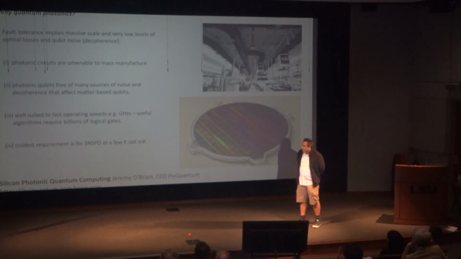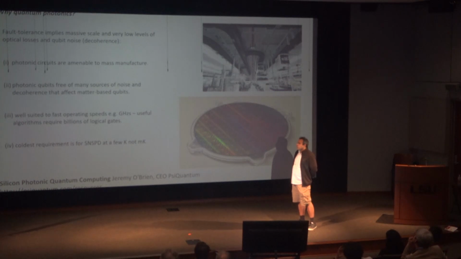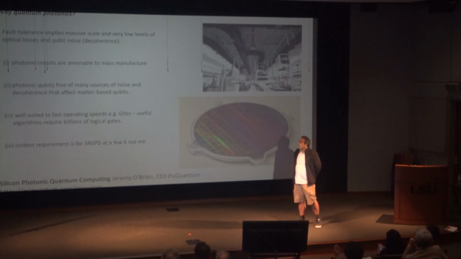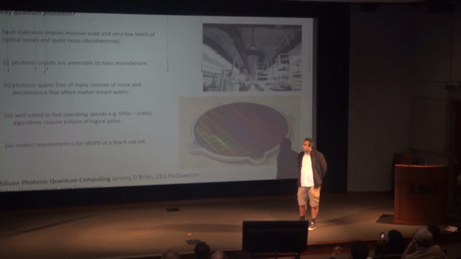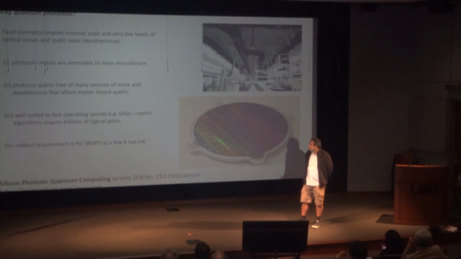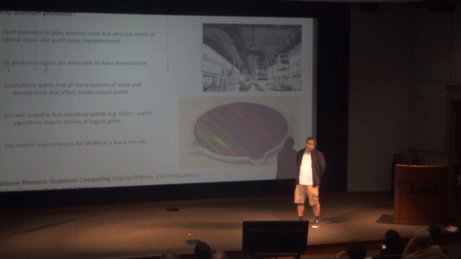And then another reason why photonics is very promising is because we have relaxed cryogenic requirements. Our main cryogenic requirement is the single photon projection, for which we'll use superconducting nanowire detectors. And these operate at a few kelvins.